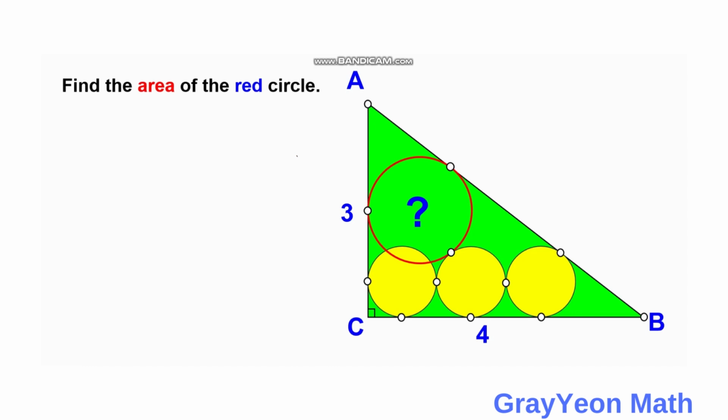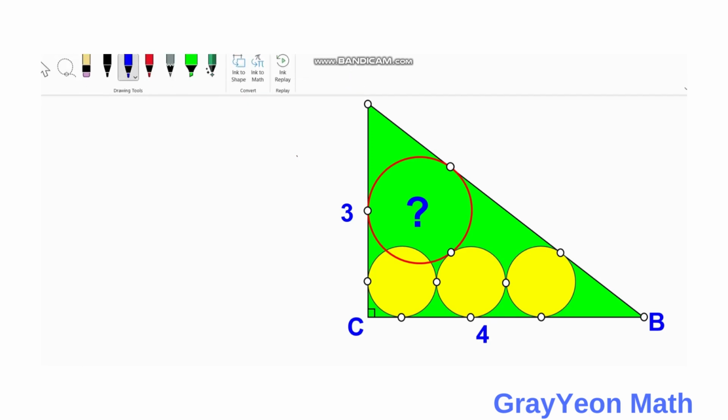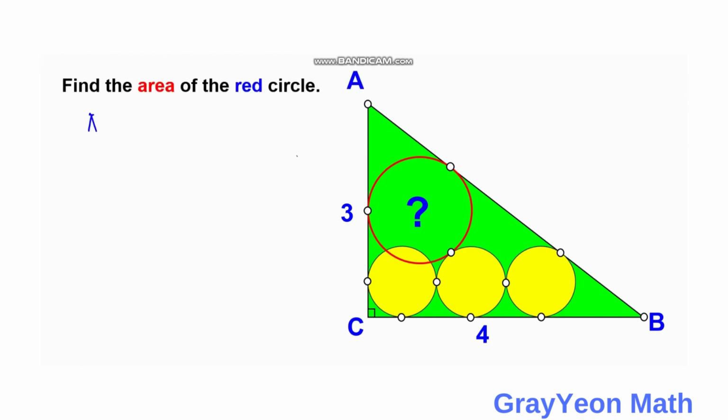After we find the hypotenuse of this green triangle, for the hypotenuse we have AB squared is equal to AC squared plus BC squared.